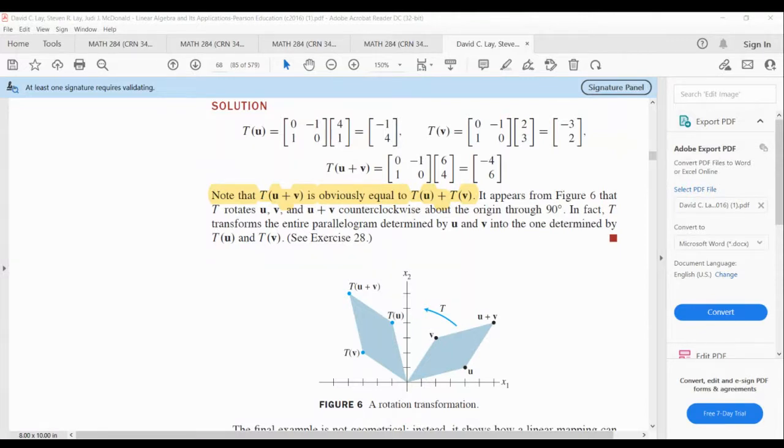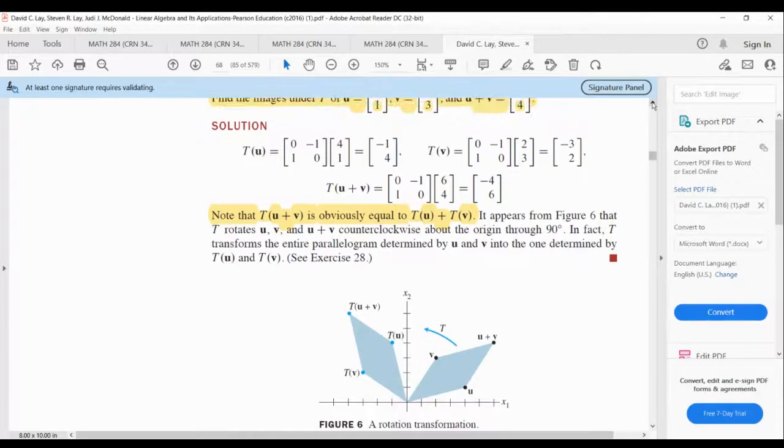But depending on how the matrix is defined, you can transform vectors from a space of n dimensions to a space of m dimensions. That's what they actually have here.